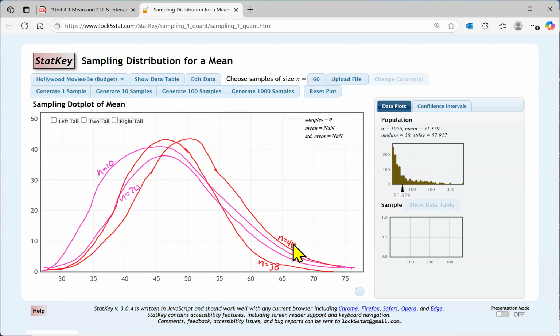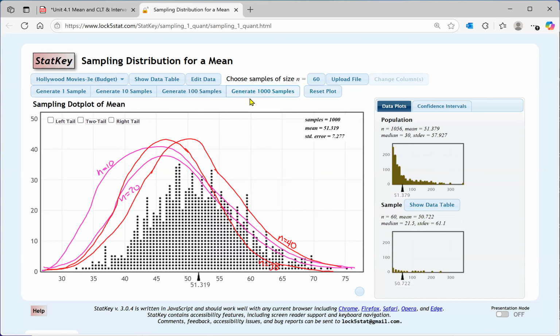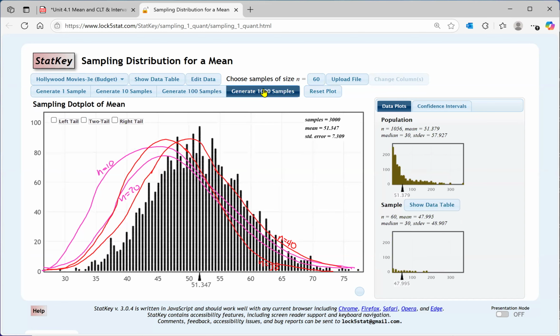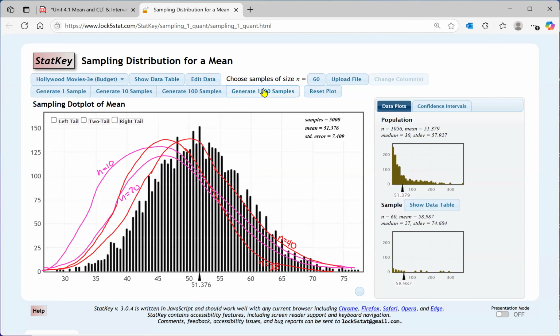By the time I look at 30 and 40, the distributions are less skewed. By the time I get to 40, it's very, very symmetric. So maybe let me try 60. Oh, wow. All right, so if you take samples of size 60, we can observe now that my sample is very, very symmetric at this point.